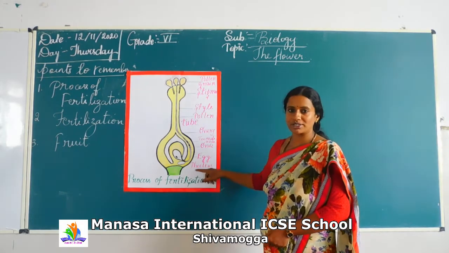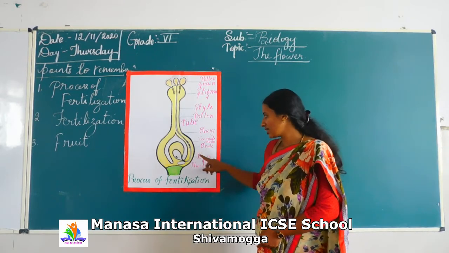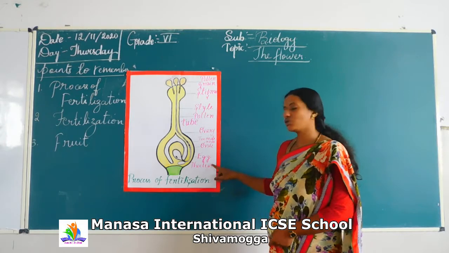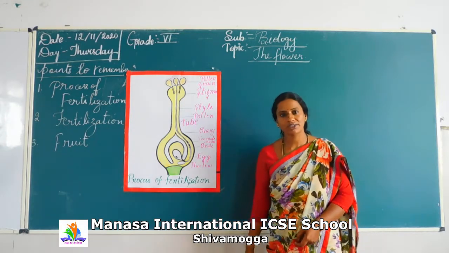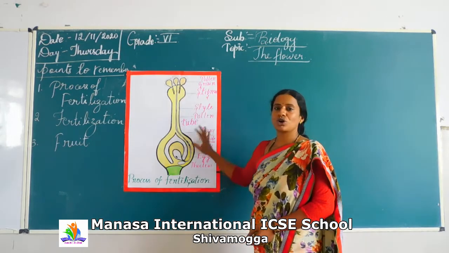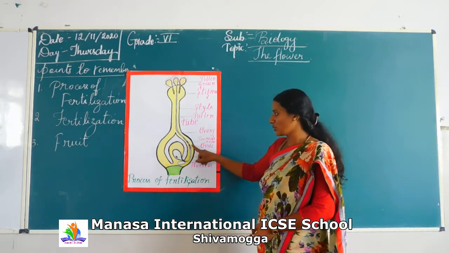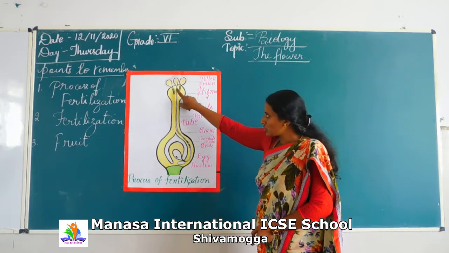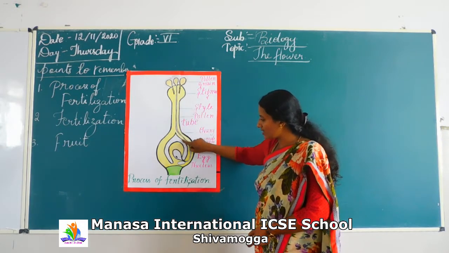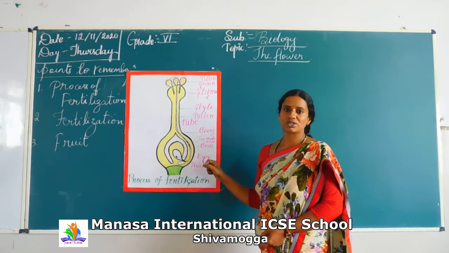And at last we have the ovule, then the egg nucleus, which is the female reproductive sex cell. This is the complete process of fertilization. Once these two main nuclei come through the pollen tube and fuse with the egg nucleus, the fertilization process takes place.